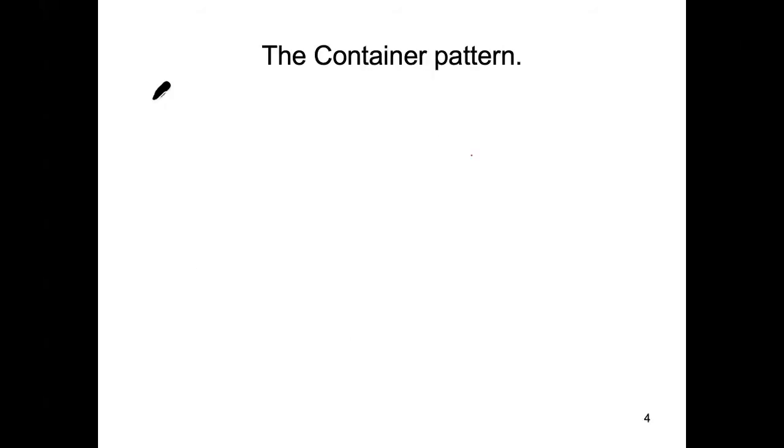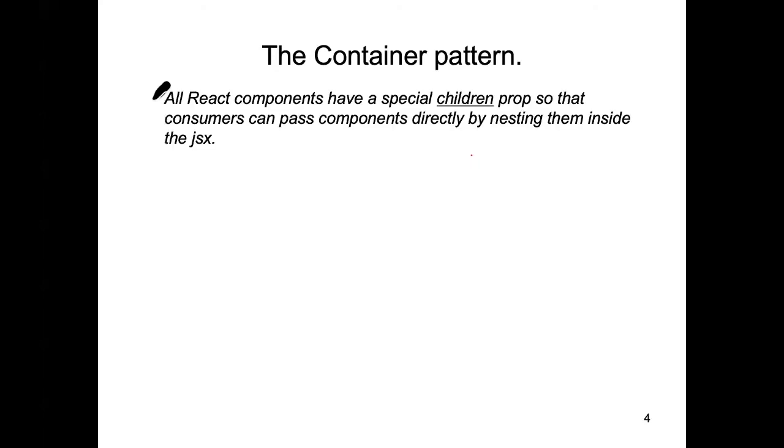So the first pattern we will look at is the container pattern. Now, I'm saying here that a React component has a special prop called the children prop. It has been there all the time, but we haven't used it up to now. What it allows us to do is to pass components to other components. And we do that by nesting it within the JSX.